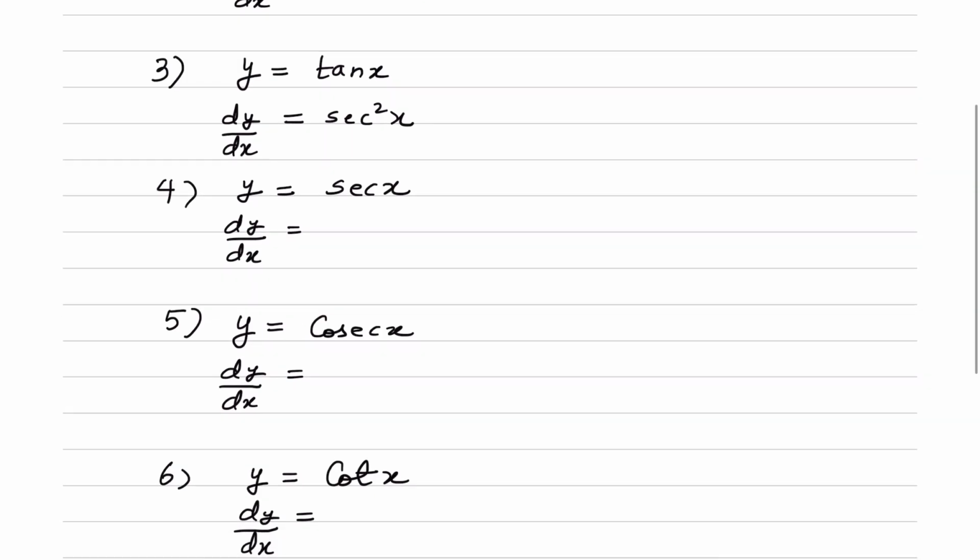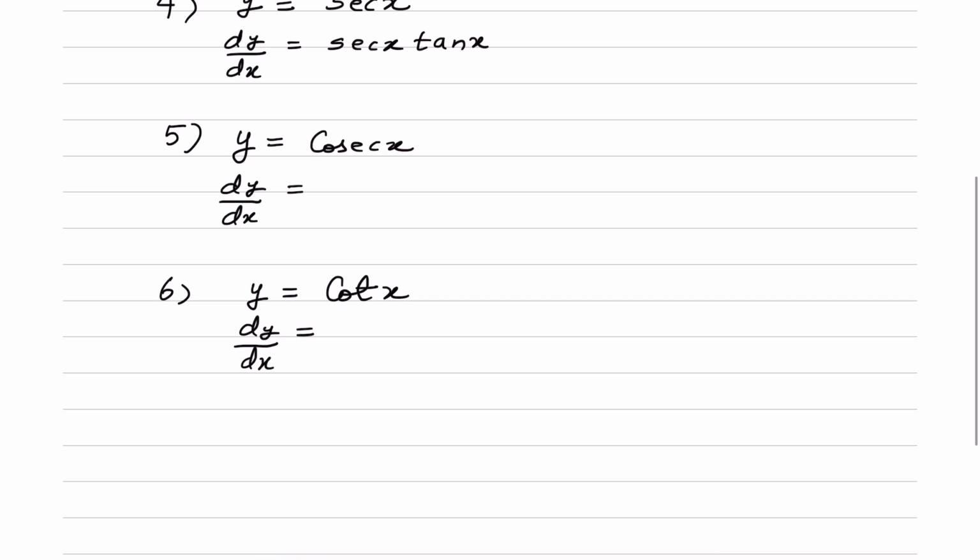If we have the function secant x, its derivative is secant x tan x. If we have the function cosecant x, its derivative is minus cosecant x cot x. Again, see here, the cosecant x function starts with c, so its derivative has a negative sign.